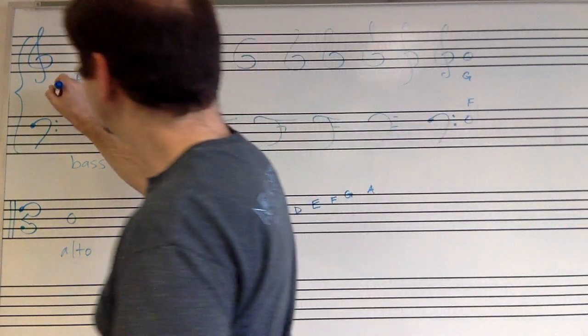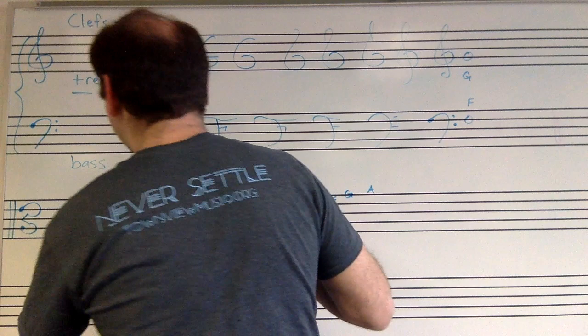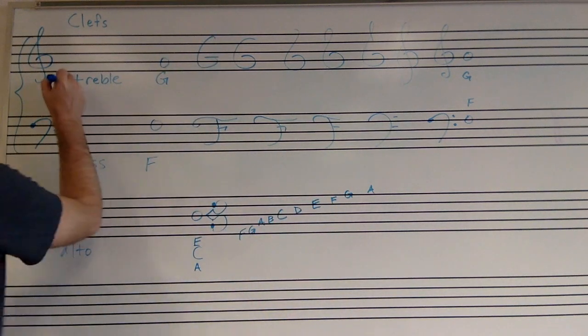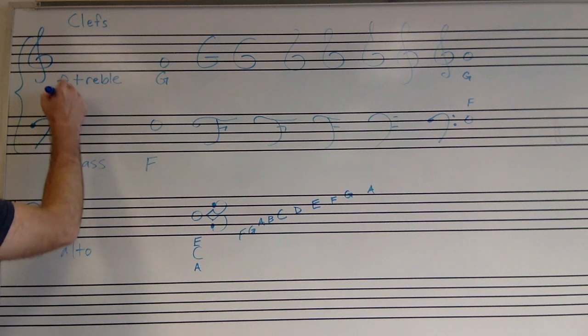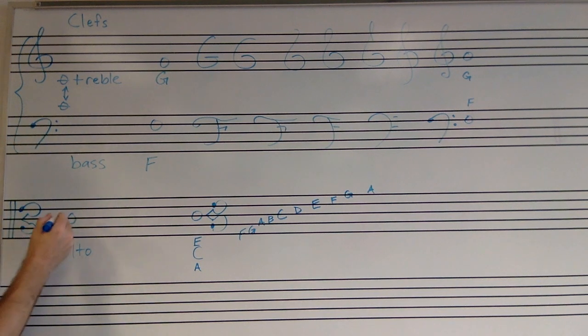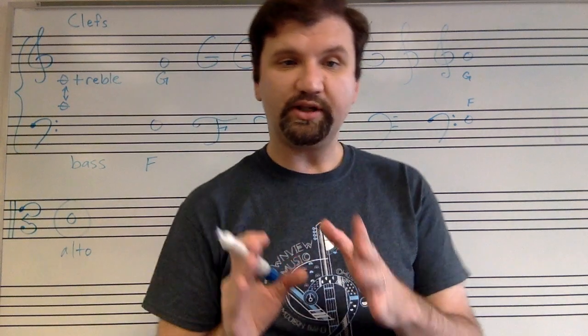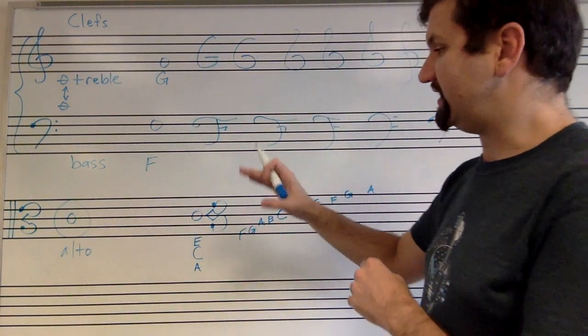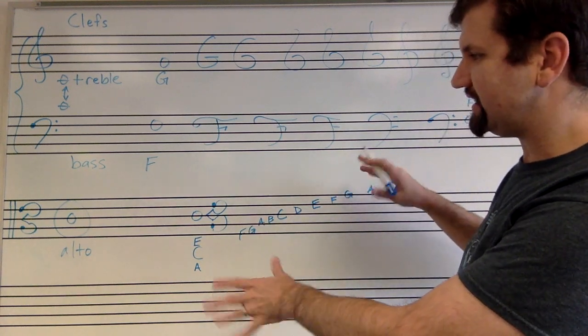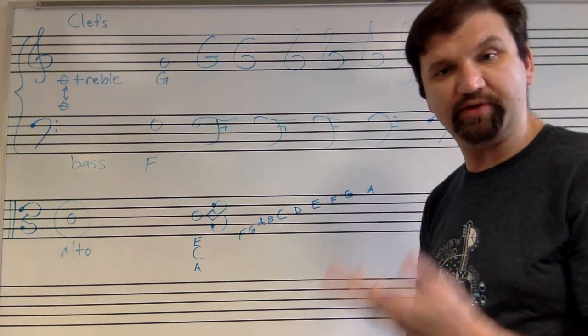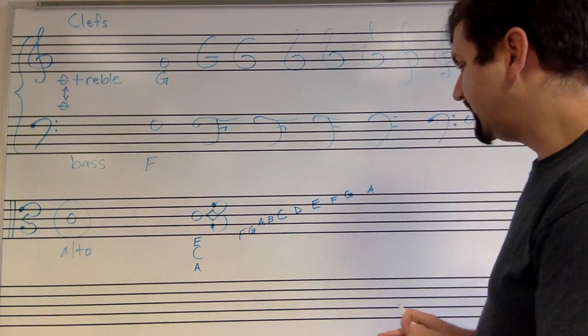This note right here or right here, same note, is also that note right there. So it sits right in the middle of those two staves and sort of has the same idea, except that the notes are shifted a little bit from what one of those clefs is to the other.